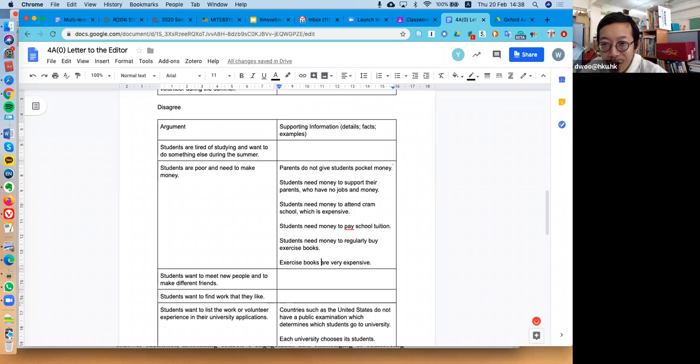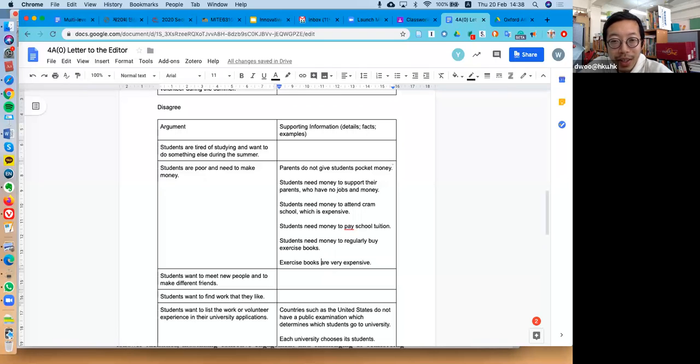So we have a lot of good reasons here and examples. Students are poor and need to make money. Why? Parents do not give students pocket money. Students need money to support their parents who have no jobs and money. Students need money to attend cram school, which is expensive. Students need money to pay school tuition.